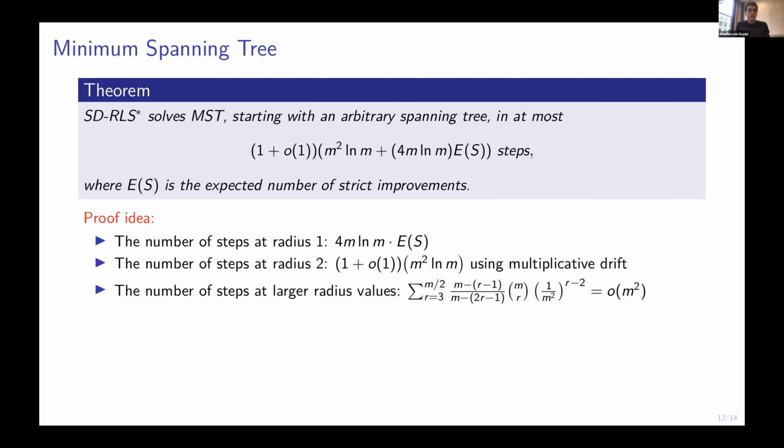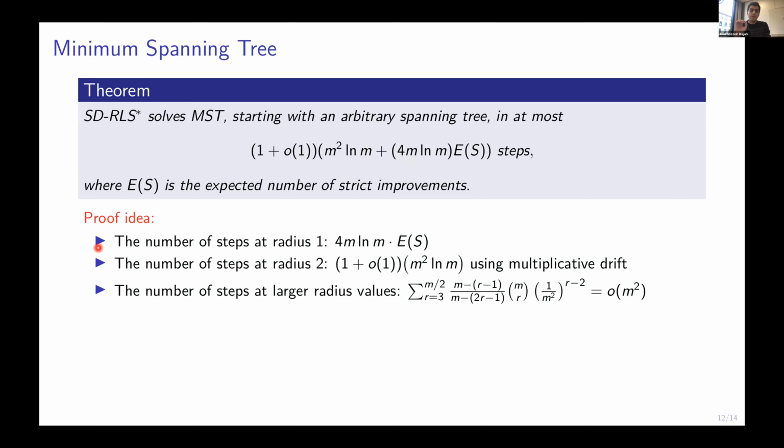We also proved an upper bound for the minimum spanning tree problem. We showed that STRLS star can find the minimum spanning tree on a graph in these steps, where there is an expected value, which is the expected number of asterisk improvements. Let's look at the proof idea.